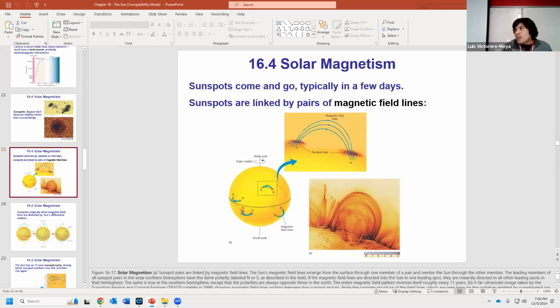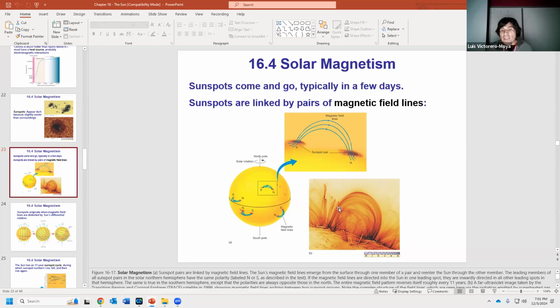So sunspots, guys, we can track them because they can come and go, maybe because of the rotation of the sun or because of the solar activity. Sunspots are linked to magnetic field lines, guys. You see, the magnetic field line can go from north to south like that. So you may have magnetic field lines that are entering and leaving a sunspot.